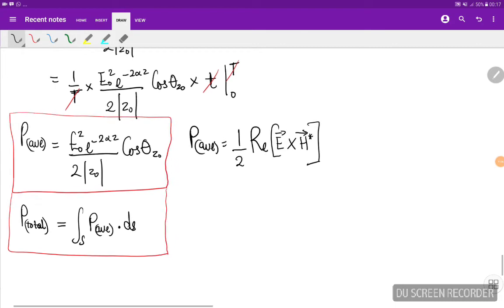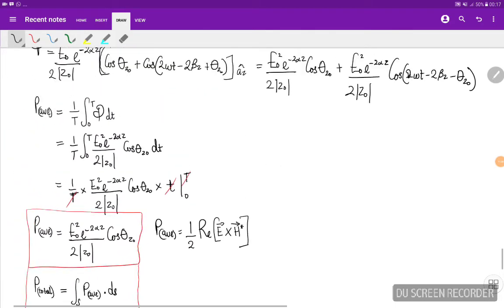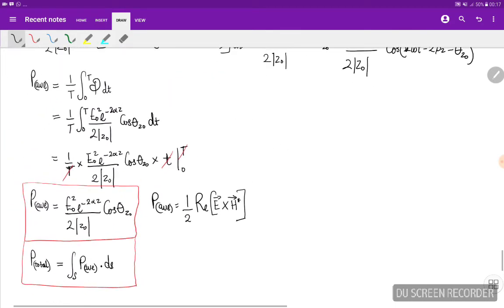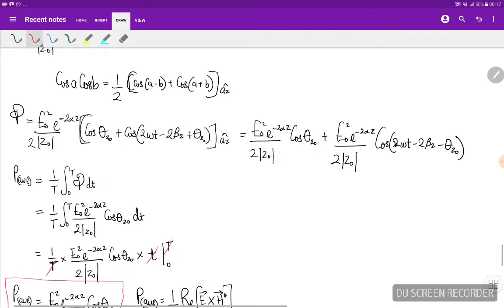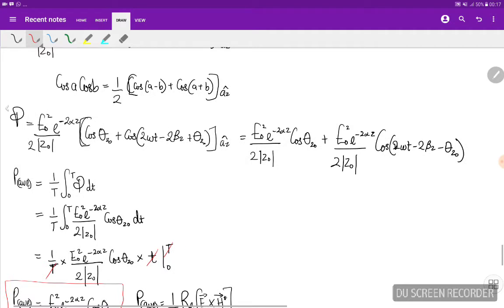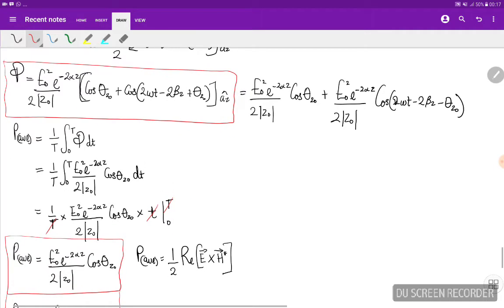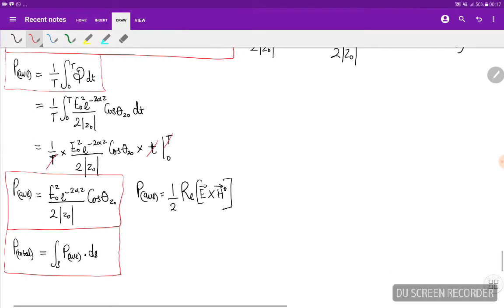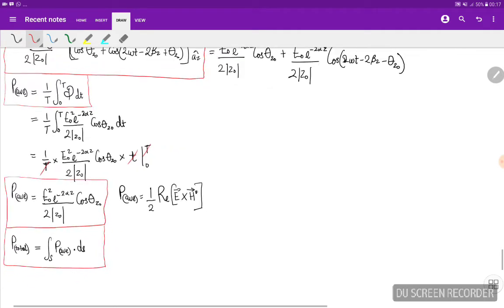But this is the formula for power. This is the average power. This is your pointing vector. So integration of the vector will give us our P average, and the integration of the P average over a surface will give us the total power.